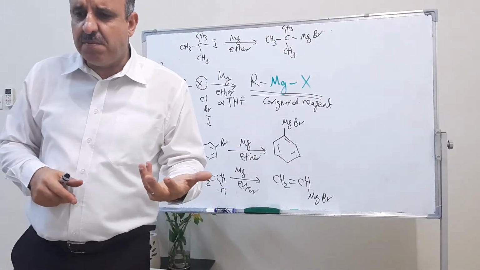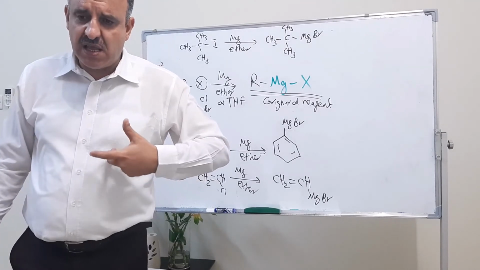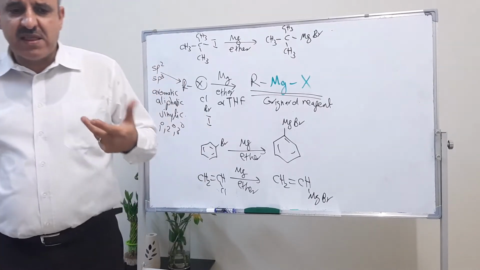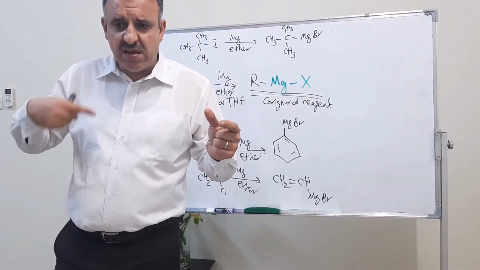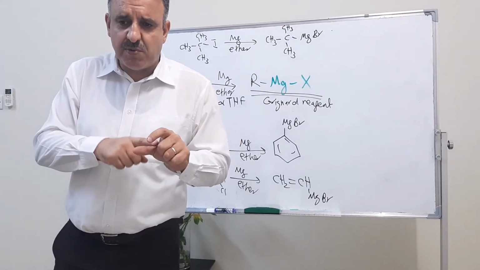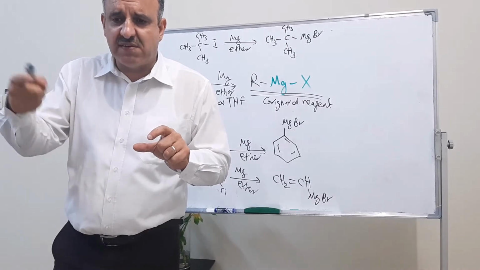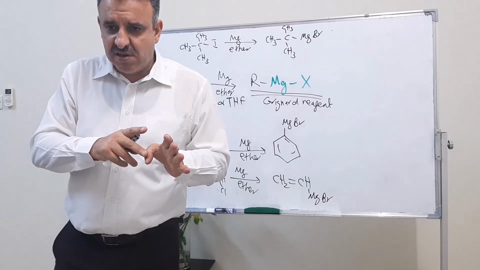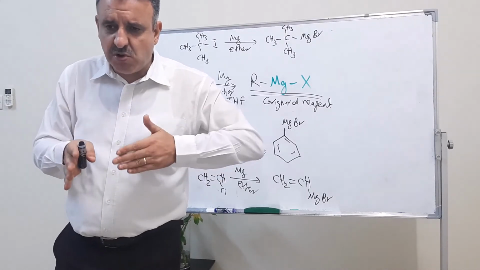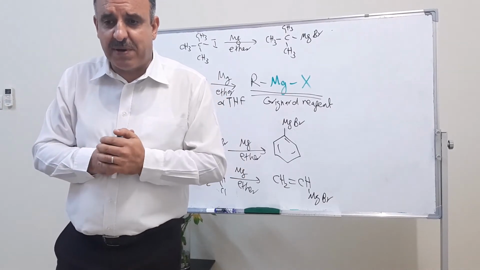So the natural polarity of carbon in organic compounds is that the carbon should carry a partial positive, because in most cases carbon is connected to more electronegative atoms such as oxygen, nitrogen, sulfur, halogen, whatever. So that's why most of the time the carbon carries a partial positive.